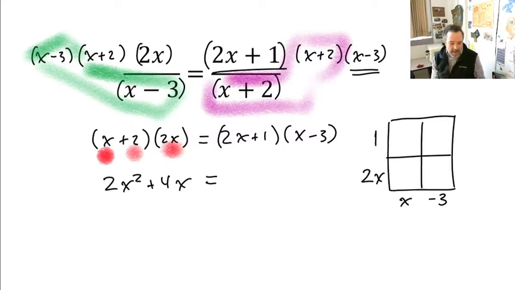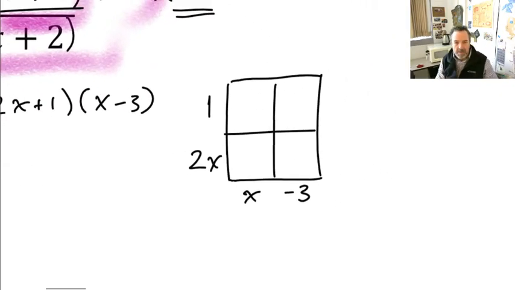So to find the product of this binomial times a binomial, I need to find the area represented by each of those 4 regions. And to find areas, we multiply length times width. So in the bottom left corner, when I multiply 2x times x, I get 2x to the second power.